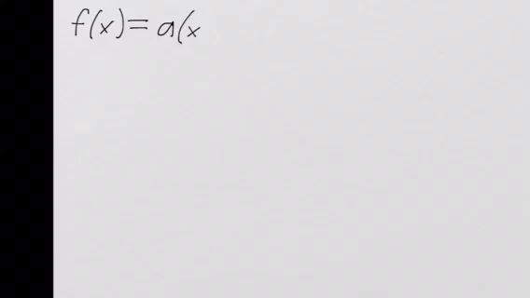So first, the textbook defines standard form as being f of x equals a times x minus h, squared, plus k.